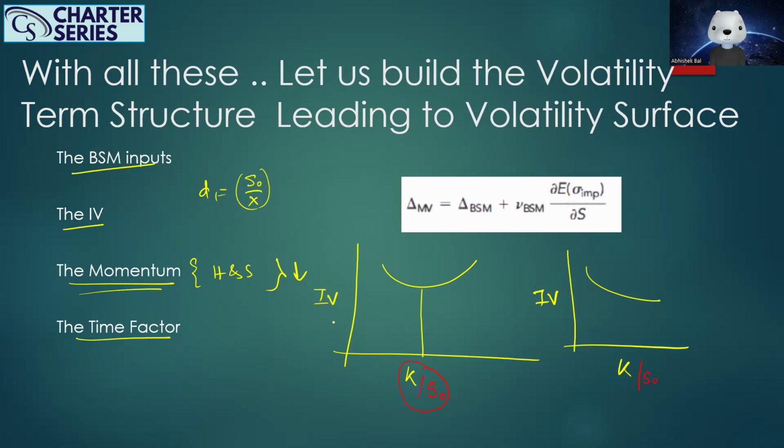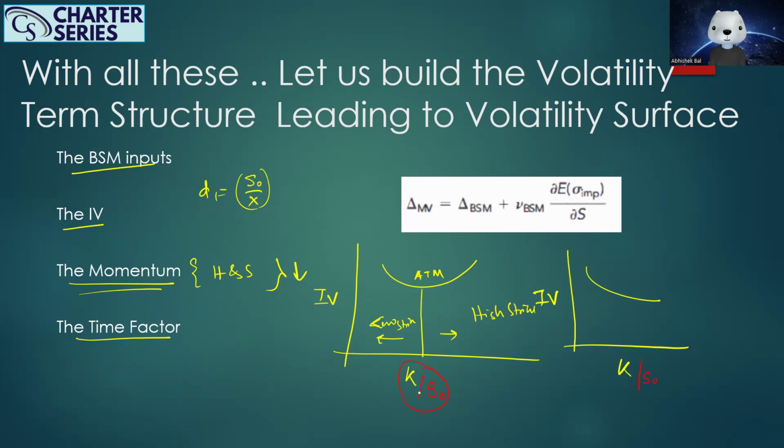I'm not going to write this equation once again, but let me tell you a few things that you need to understand here thoroughly. You see, this region to the left of the ATM, this is the ATM region. Of course, these are going to be low strike prices, and these are going to be high strike prices.